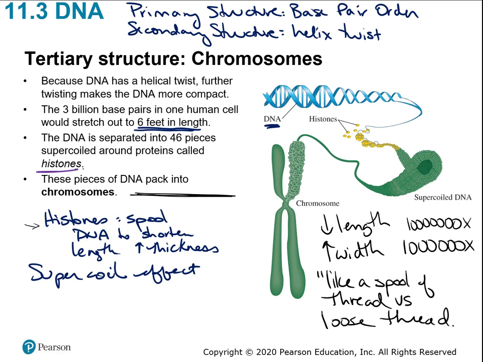Histones are positively charged, and they are attracted to the phosphates of the DNA. Remember that phosphate, PO4, is a 3-. So the phosphates in the DNA are negatively charged. You know opposites attract. So those histones help to hold the DNA.